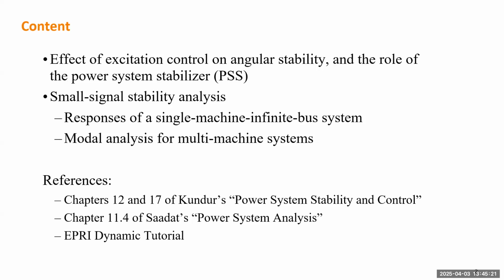Sometimes I put the first item, the effect of excitation control on angular stability, in the voltage regulation control session. Sometimes I just decide to leave it in this small signal stability session, because if we talk about the power system stabilizer in the voltage section, that will give you some wrong feeling.